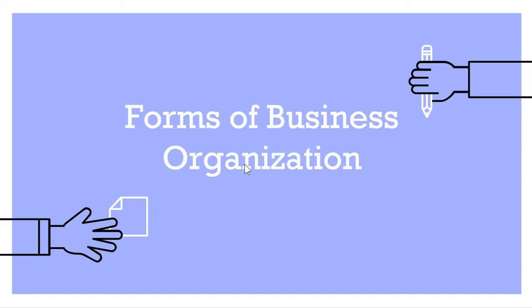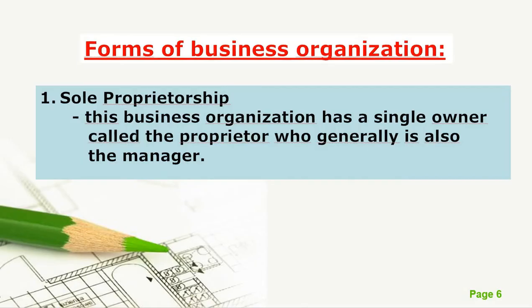So let us now proceed to the forms of business organization. As we discussed in the other subject, there are four forms of business organization. Let us go through them one by one. First is the sole proprietorship. This business organization has a single owner, called the proprietor, who generally is also the manager of his business.